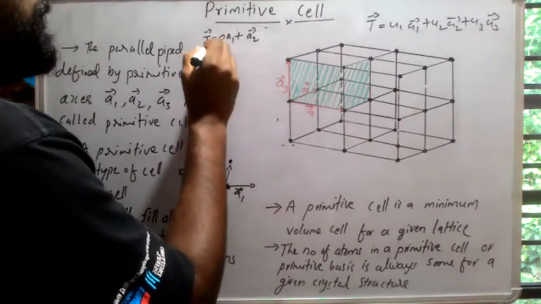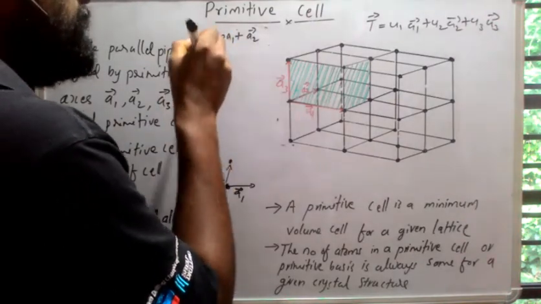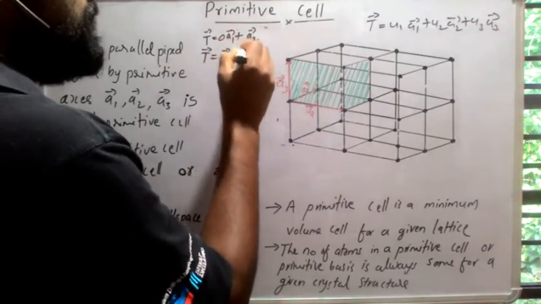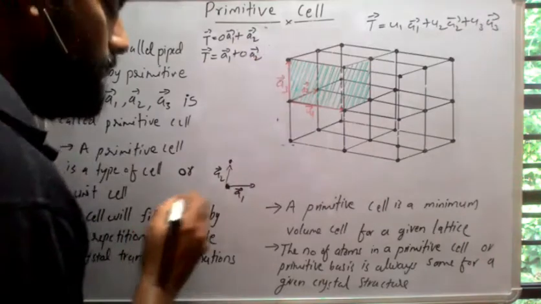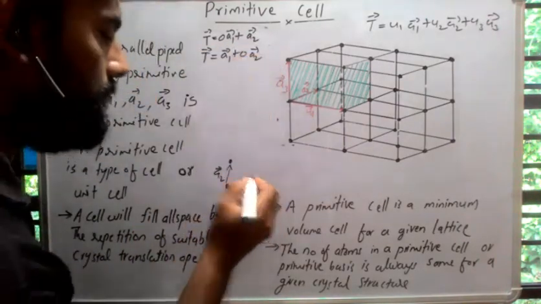And another translation operation using the translation vector a1 plus 0a2, that is this point a1.